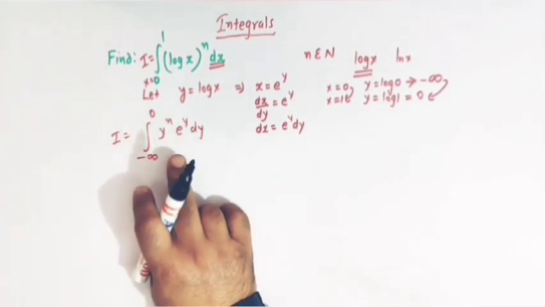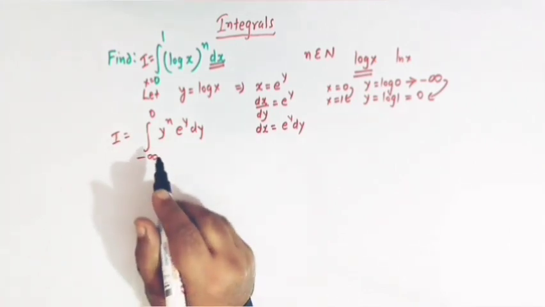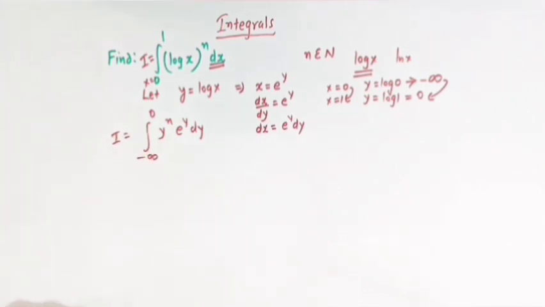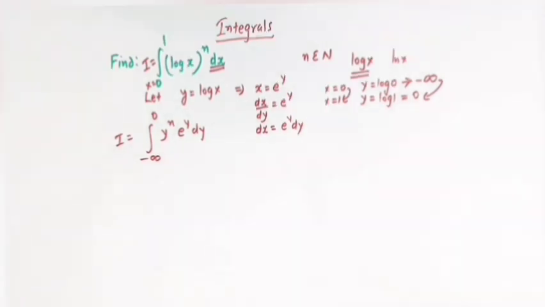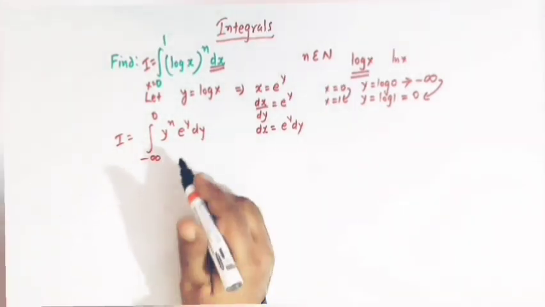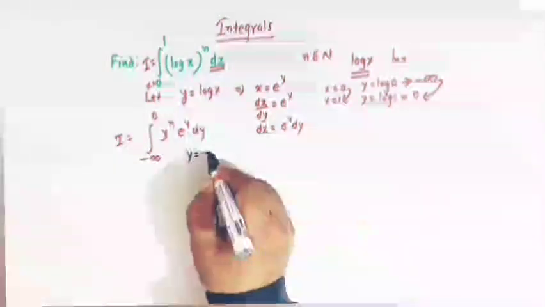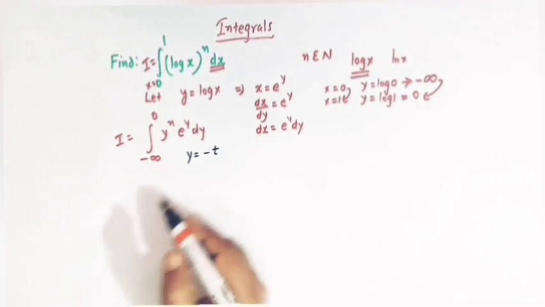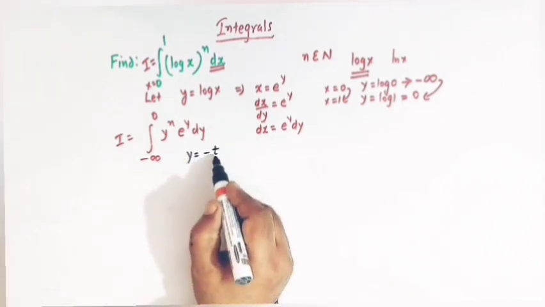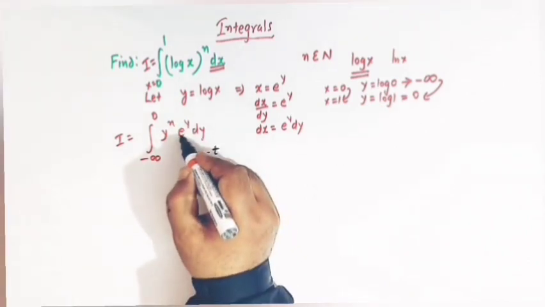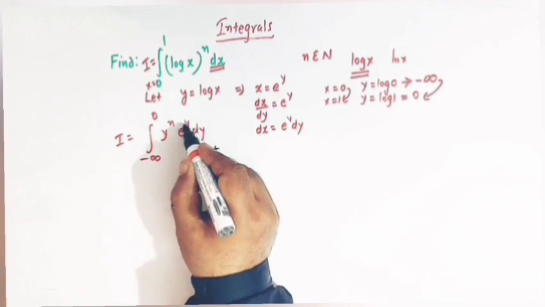Now to move further, we'll again make use of the method of substitution. So let us further substitute y is equal to minus t. Then here we have e raised to minus t.